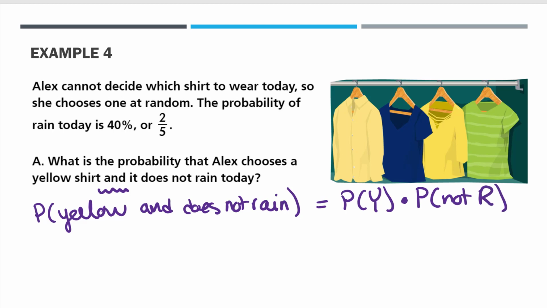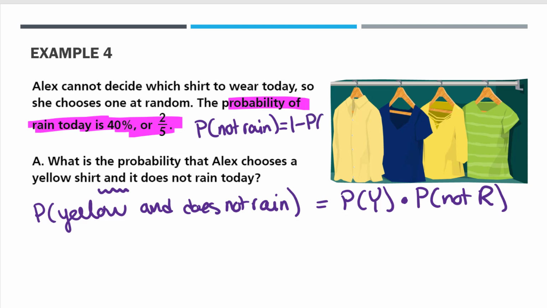Now notice in the question that they gave us the probability that it will rain. So we actually need to find the complement. So the probability that it's not going to rain, remember our formula, is 1 minus the probability that it will rain. So 1 minus 2/5.